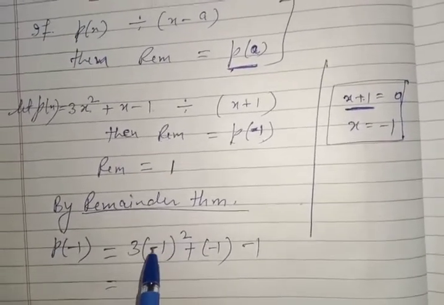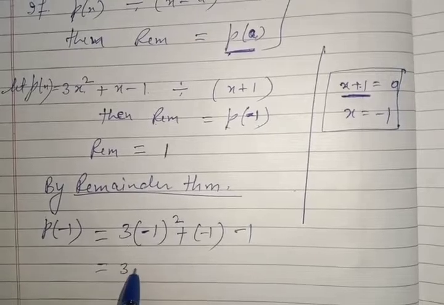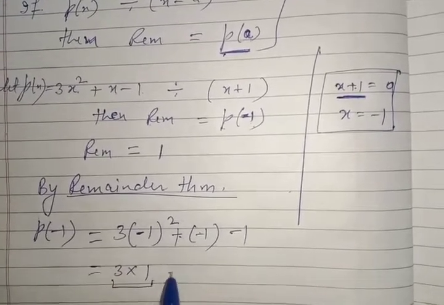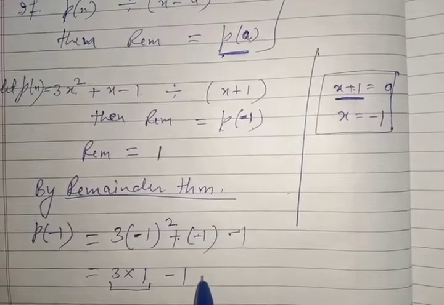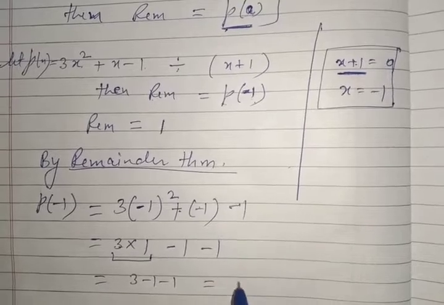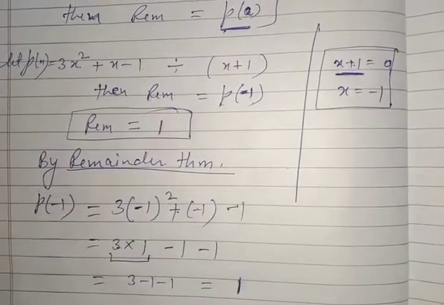Minus 1 square. Minus square is plus, 1 square is 1. So 3 multiply 1 plus minus 1, and this is minus 1. So it is 3 ones are 3 minus 1 which is equal to 1. And you can check by dividing also.